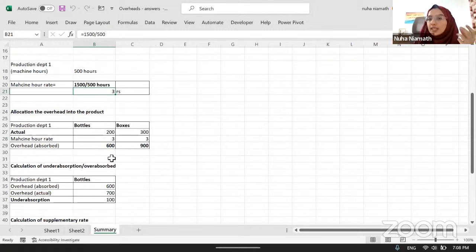Then how do we utilize this predetermined absorption rate? We look at the actual hours that were taken to produce that particular output. For example, over here bottles took 200 hours to be produced. So this 3 rupees of the predetermined overhead rate is multiplied with the actual hours, and 600 rupees is allocated to the bottles. Are we good so far?